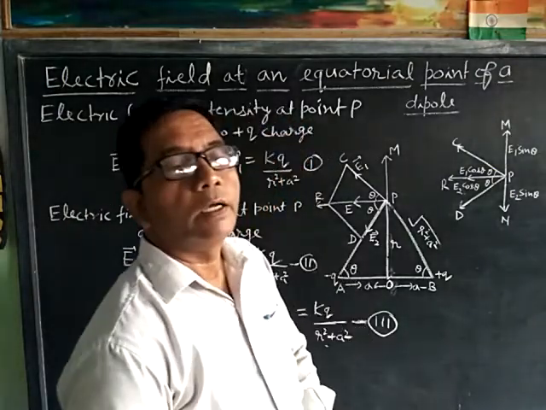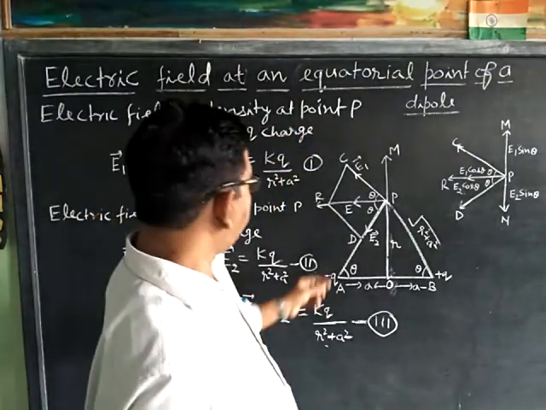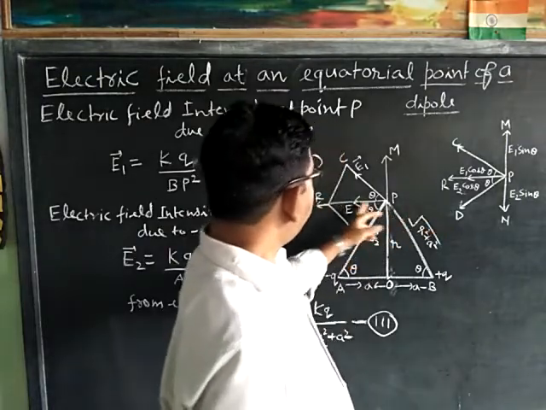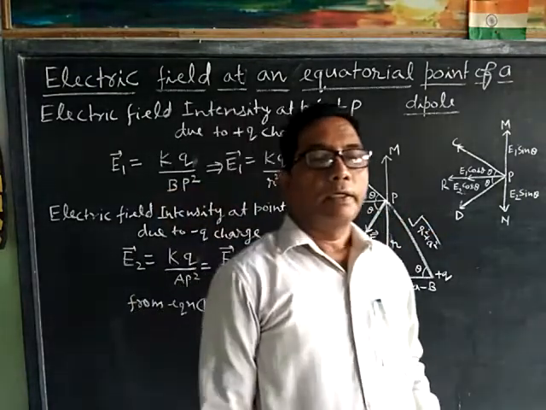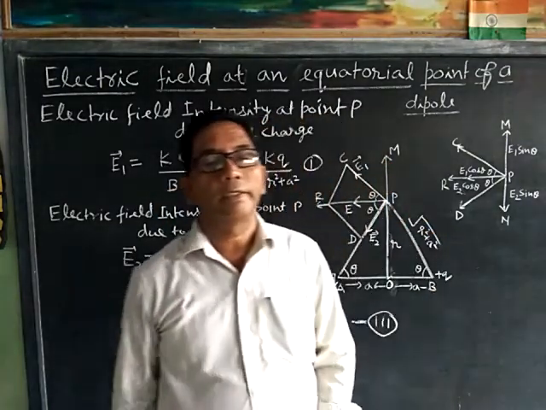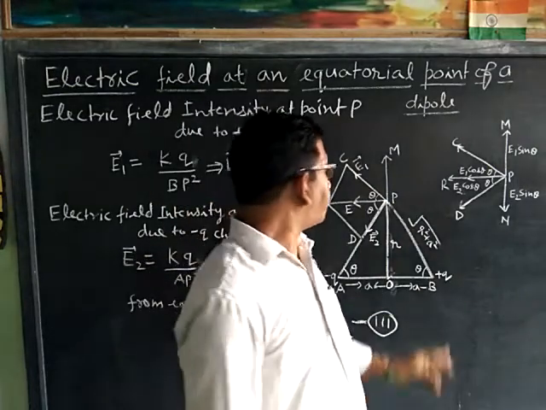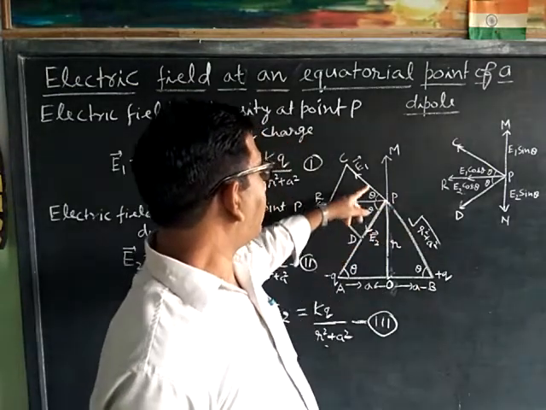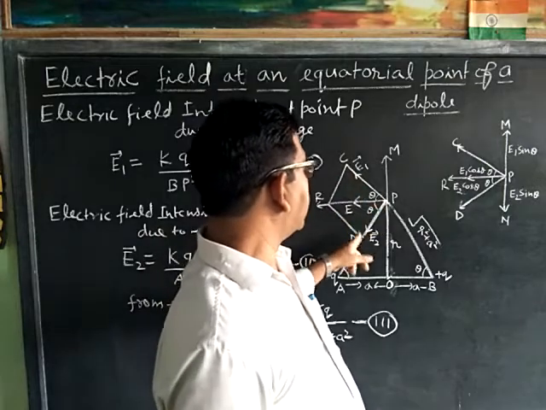Let E be the resultant electric field intensity at point P, by the parallelogram law of vector addition.